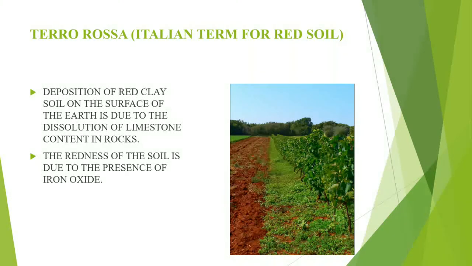What is meant by iron oxide? It is composed of both iron and oxygen. It is a chemical compound composed of iron and oxygen. Like this, the red soils are formed by the erosion of underground water.